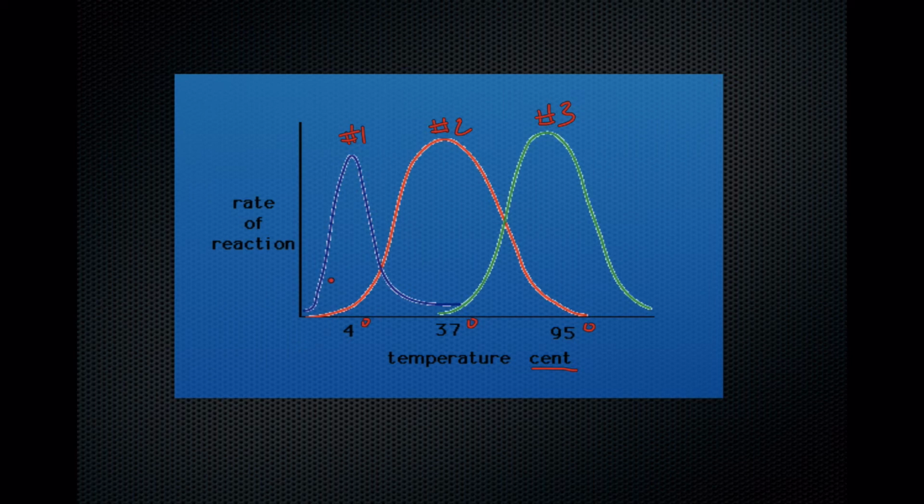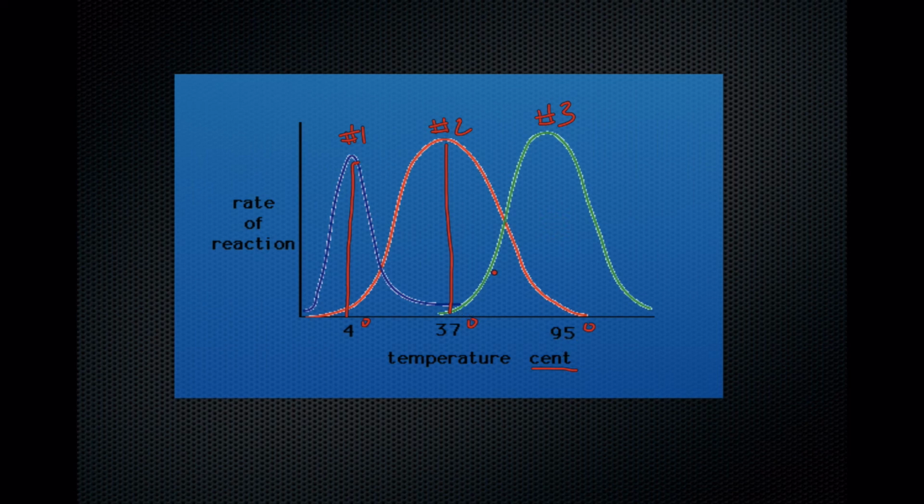You can immediately see that enzyme number 1 works really well at 4 degrees Celsius. That's very cold. So this might be an enzyme working inside the body of, say, a fish that lives in Arctic waters. Enzyme number 2 is working its best at 37 degrees, which is close to human body temperature. So this could be an enzyme in your blood.